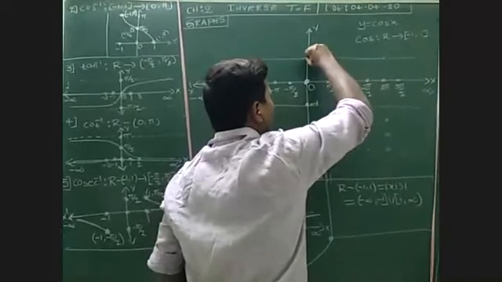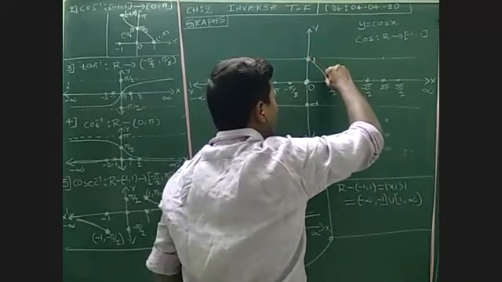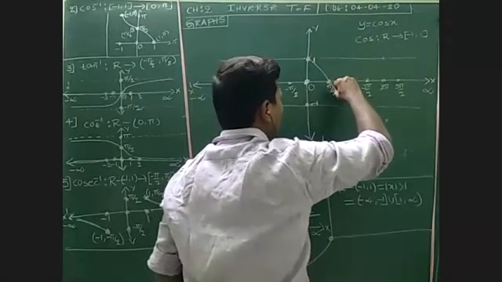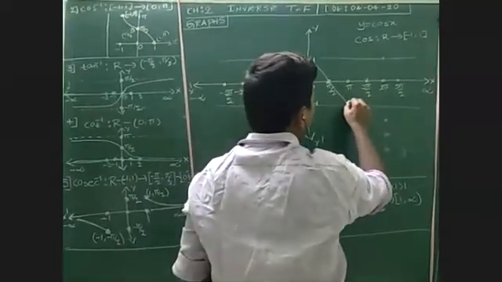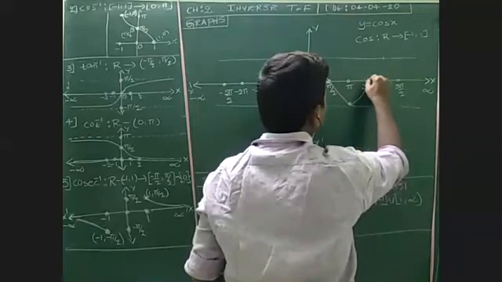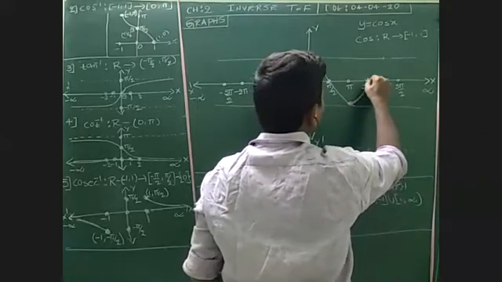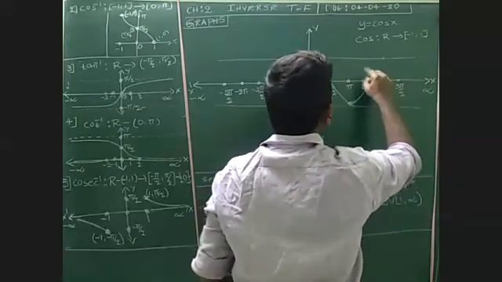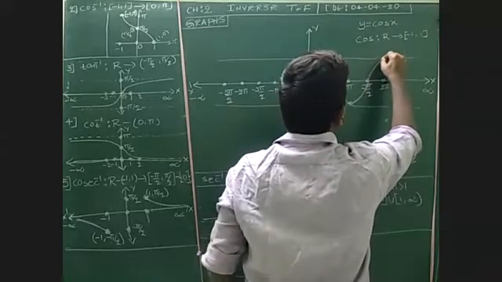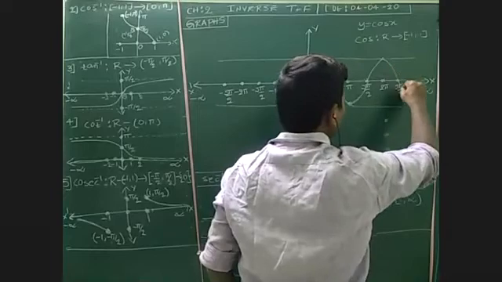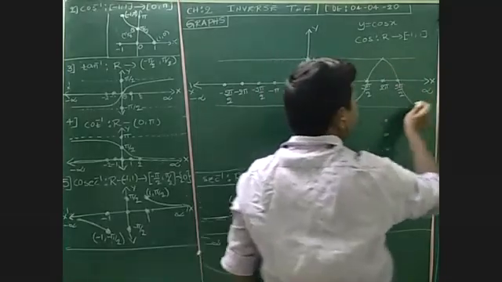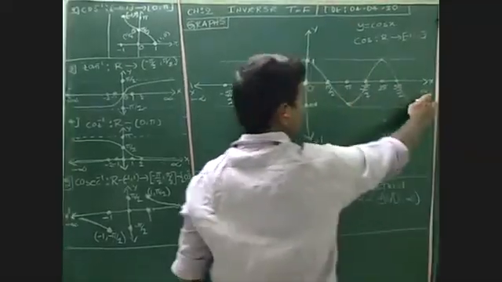Cos 0 is 1, cos 90 is 0, cos 180 is -1, and again cos 270 is 0, cos 360 again 1, again cos 450 is 0, like that. This loop will repeat up to infinity.